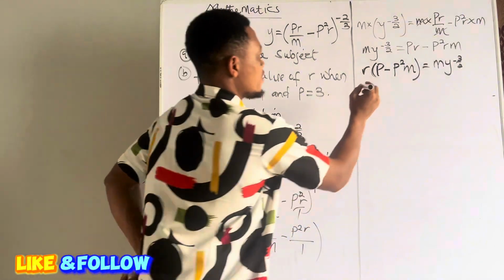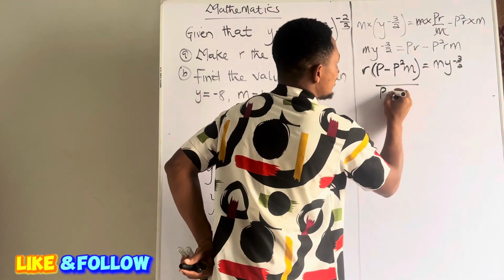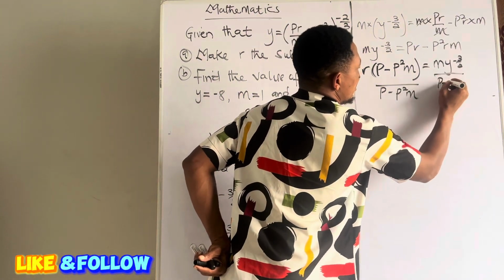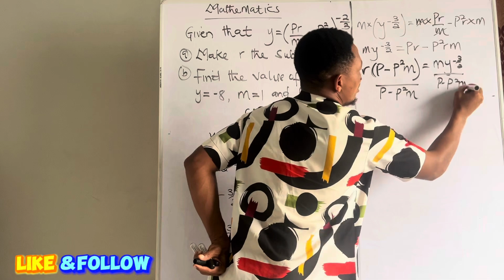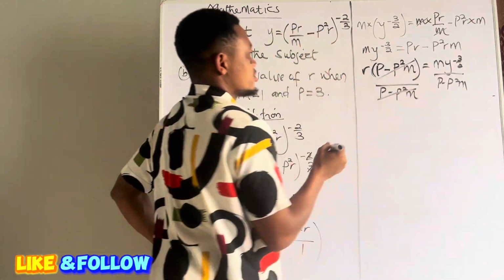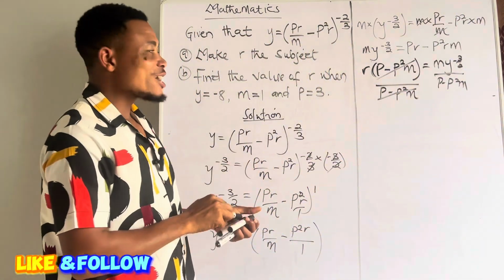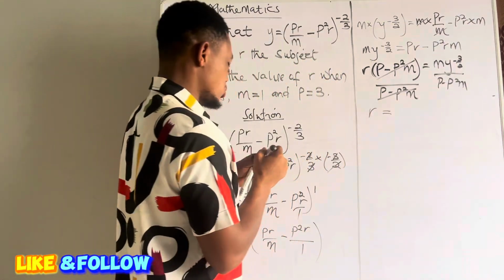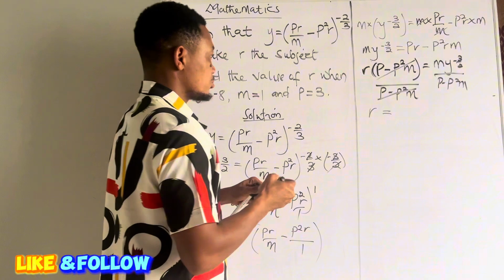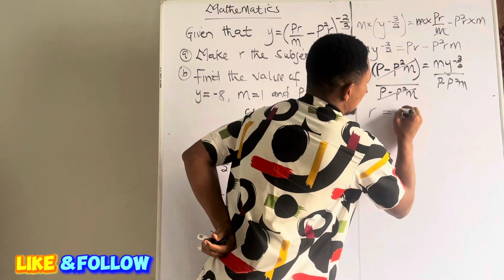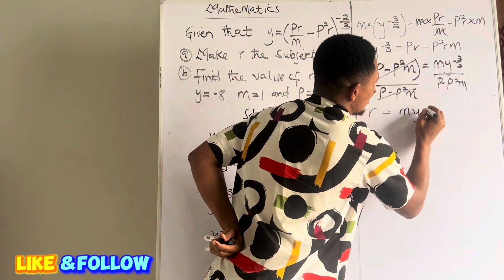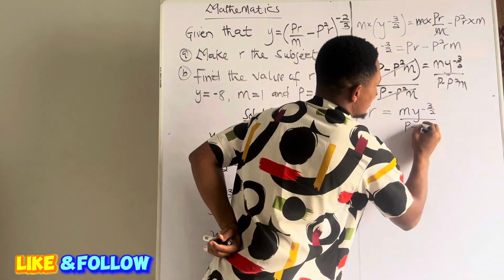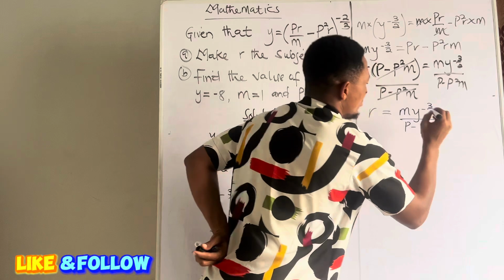So we divide here by p minus p square m, over p minus p square m. So this will cancel this. Then we will have our r equal to m y to the exponent negative 3 over 2 over p minus p square m.